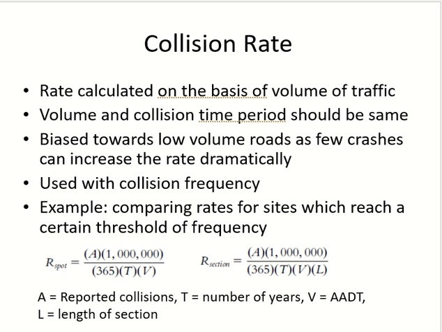The traffic we are putting in the equation is for 1 day, and the crashes are for the total number of days. It's not crashes per day, right? This is total, so traffic should also be total. That's why this will give you total traffic. If you collected data for 5 years, you have the average traffic in those 5 years, but I don't want the average, I want the total.